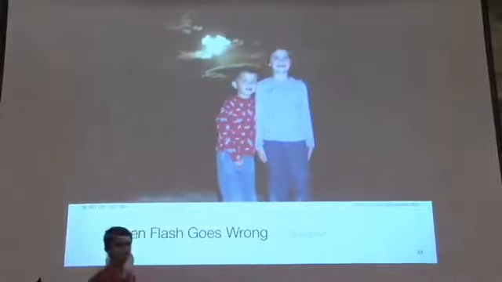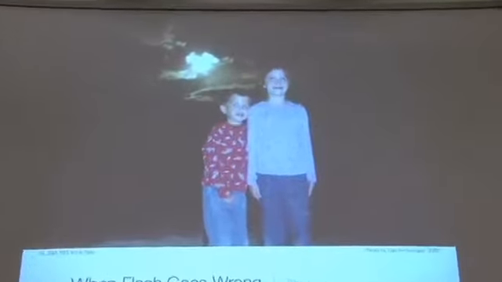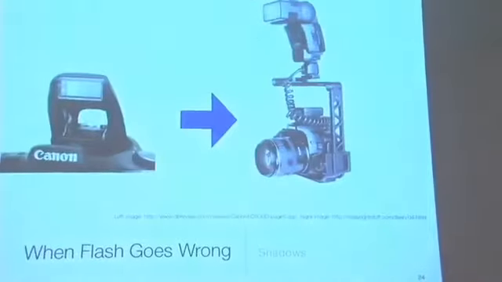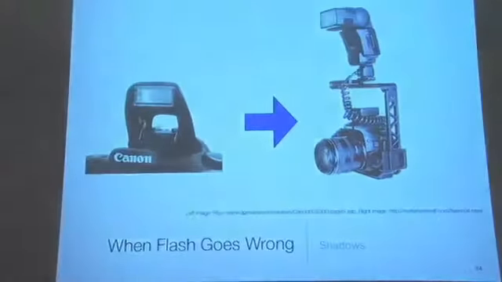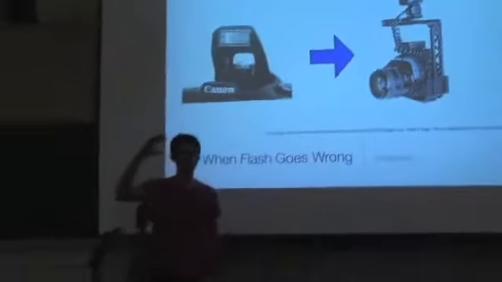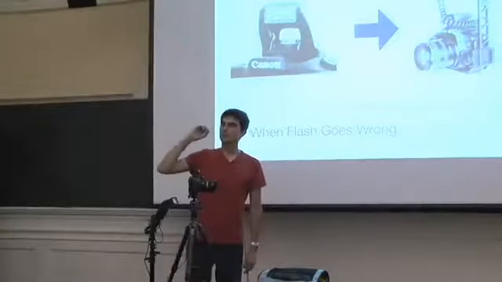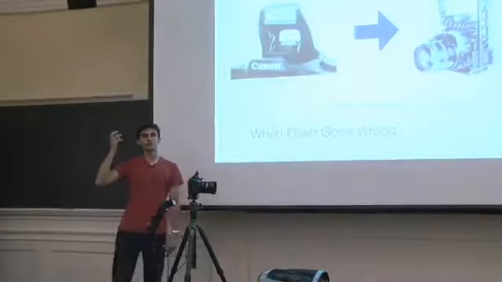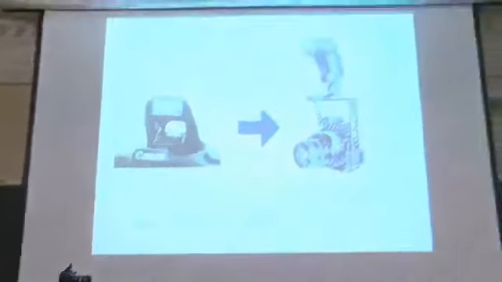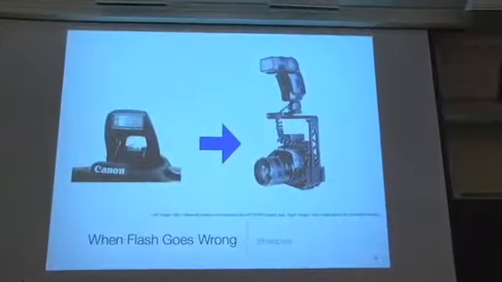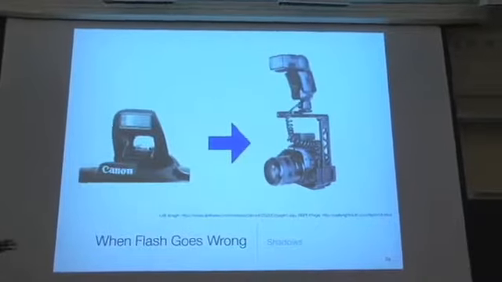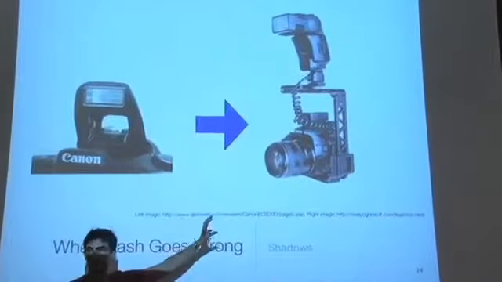Okay, so the next problem is this harsh light. So I mentioned that we have these very harsh shadows that exist directly behind them. And this also can be corrected by moving the flash off of the camera. So if you have the flash that's right up top and you try to move it some number of inches away, this also has the side benefit not only of reducing the amount of red eye that you will get, but also changing the way the shadows are presenting themselves within your photo.